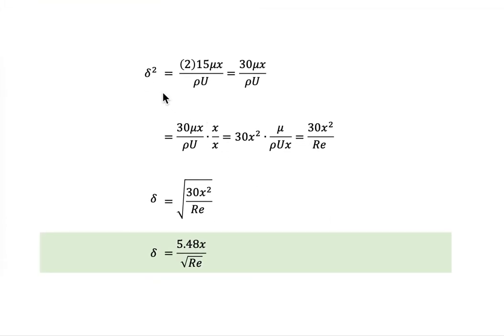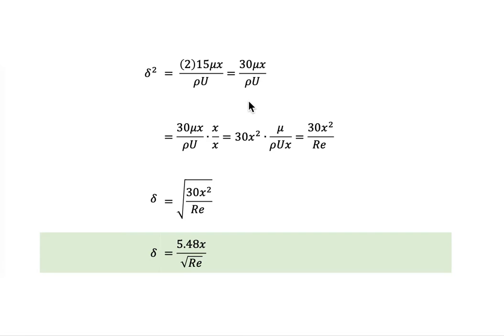After that, we simplify this equation and bring all the parameters to the right side, so we have 30 mu x over rho u. Then, the common way is to show the value of delta in terms of Reynolds number.